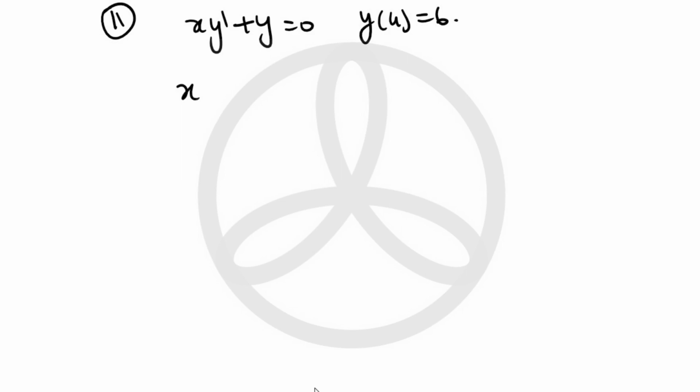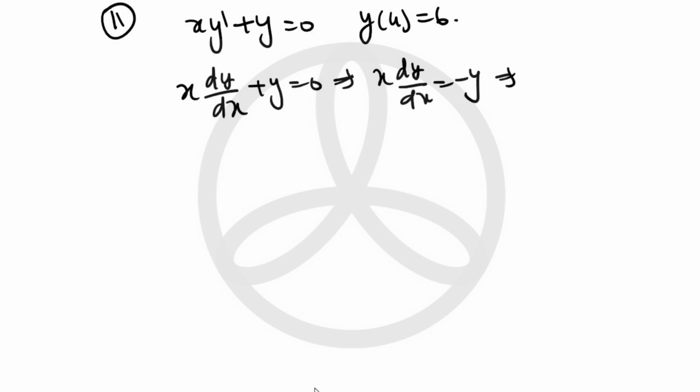So this can be written as x dy/dx + y = 0. This can be written as dy/dx = -y/x, or dy/y = -dx/x.